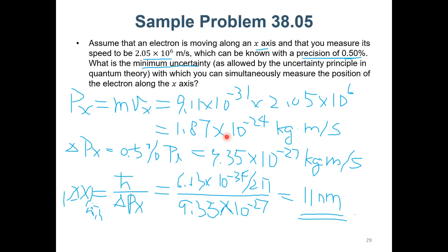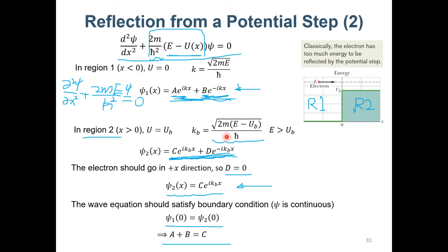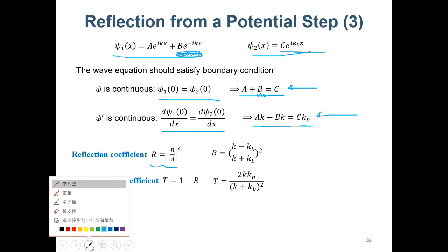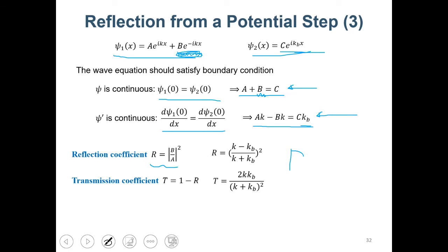So if you really want to consider the probability that the particle is reflected, you can consider something like this, which is R equals B exponential of minus ikx over exponential of ikx, squared.